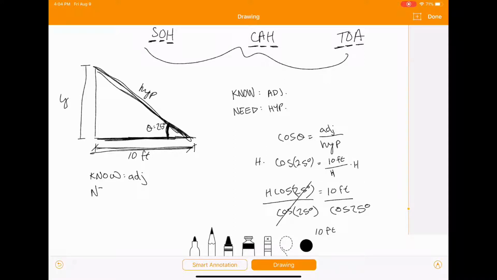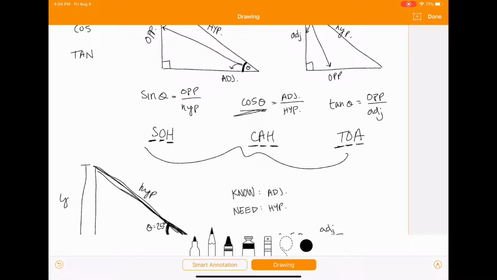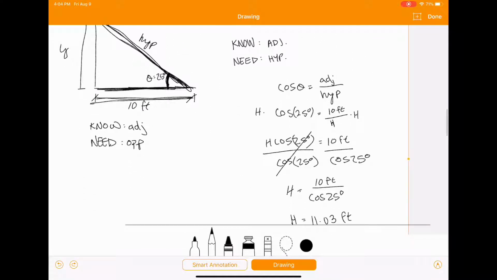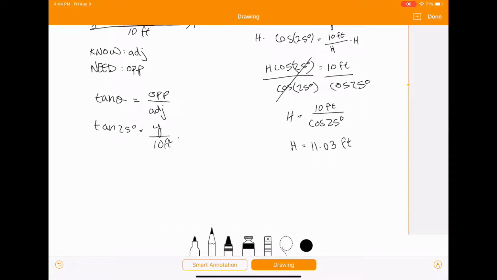And we need our opposite side. So we come back up here and boom, tangent's got opposite and adjacent. So we're going to go ahead and use our tangent function. So tangent of theta equals opposite over adjacent. So tangent of 25 degrees equals y over 10 feet, times both sides by 10 feet.